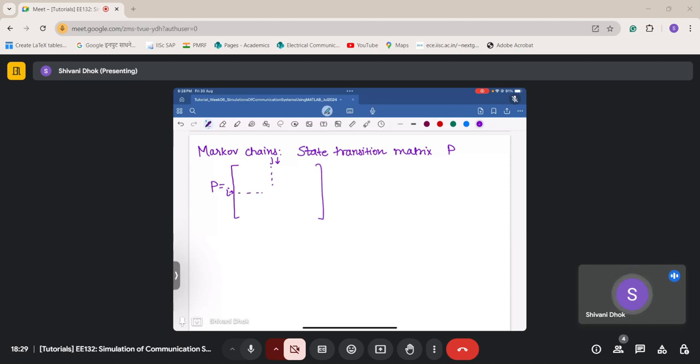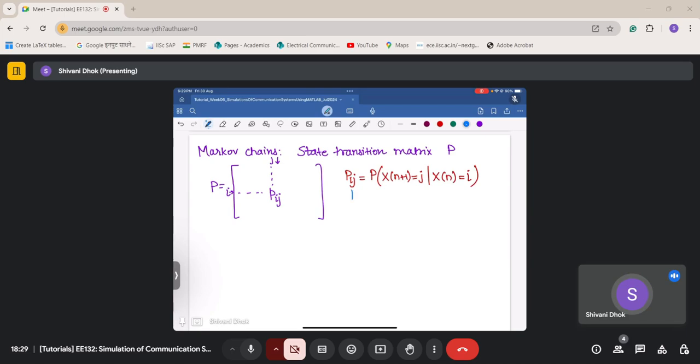So this particular entry will be Pij. This entry Pij is basically the transition probability, or the conditional probability, that your X n plus 1th state takes value j given your X n had taken value i.